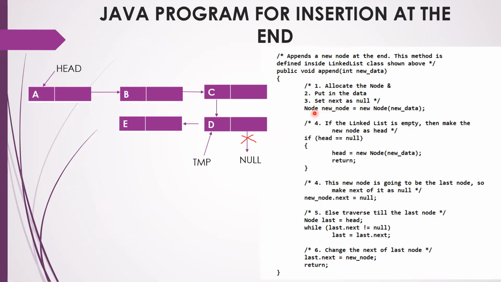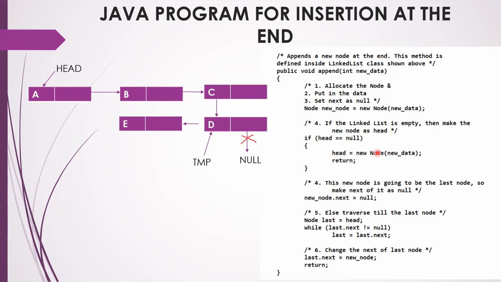So we are calling the class Node in order to create a node like new_node, and you're giving the parameter new_data. First, you have to check whether the linked list is empty or not. If it is empty, then there is no doubt that this new node is the head node. So you have to make the new node the head and return.